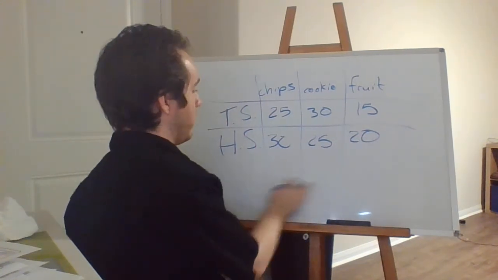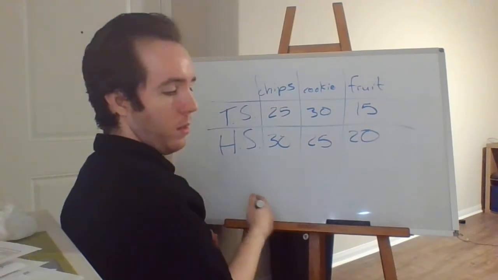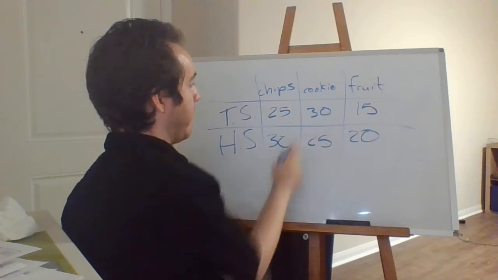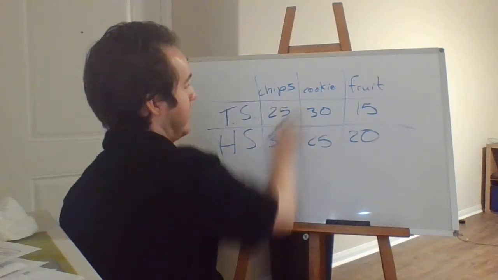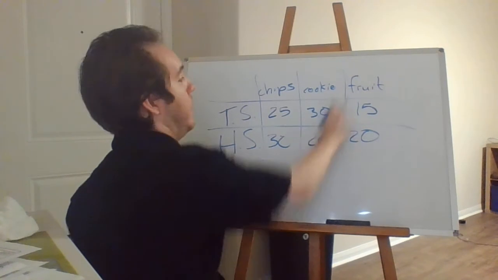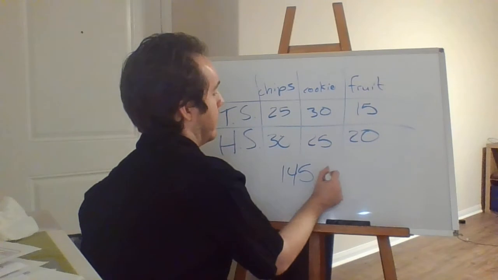They're all separate orders by separate people. If you add these up, 25 and 25 is 50, 30 and 30 is 60, 50 and 60 is 110, plus the 35, there were 145 customers.